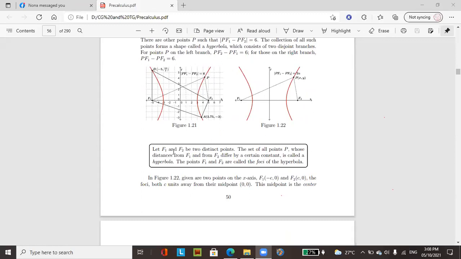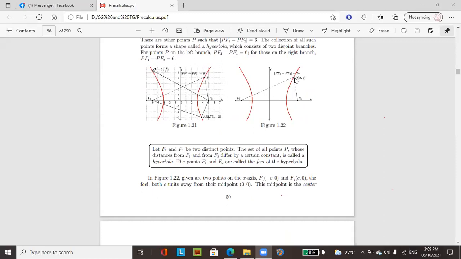Let f sub 1 and f sub 2 be two distinct points. The set of all points P whose distances from f sub 1 and from f sub 2 differ by a certain constant is called a hyperbola. So the points f1 and f sub 2 are called the foci of the hyperbola. So what is that?